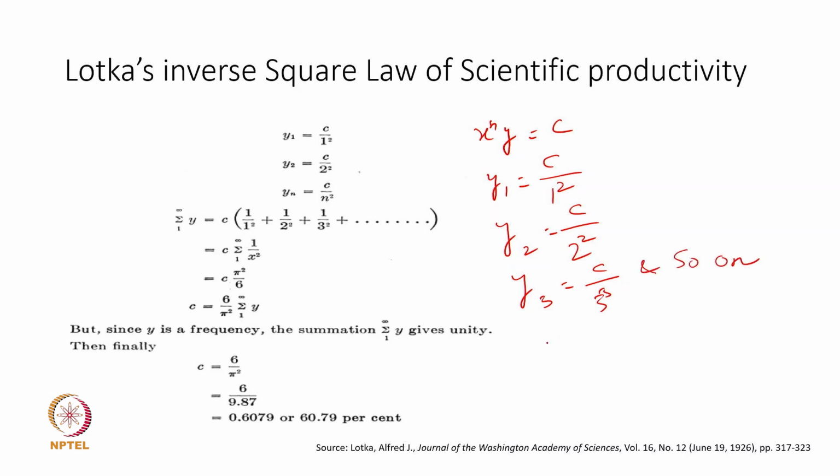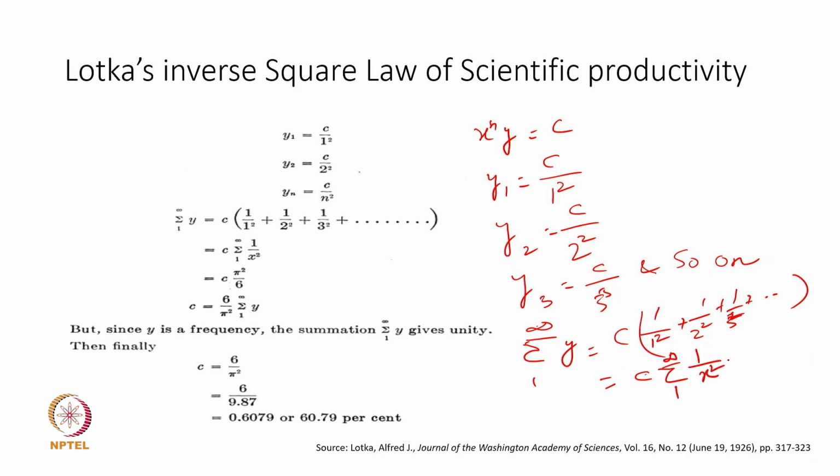Now, if you add all these, that is the sum from 1 to infinity of y is equal to, taking c outside, 1 by 1 squared plus 1 by 2 squared plus 1 by 3 squared plus and so on. Now this one is equal to c times the sum of 1 by 1 squared plus 1 by 2 squared plus 1 by 3 squared, which is the sum from 1 to infinity of 1 by x squared.